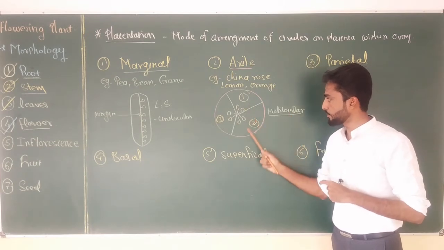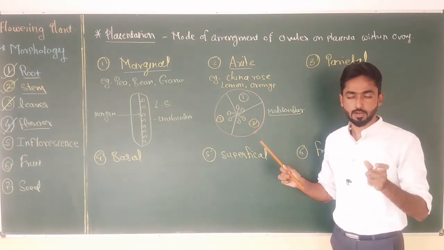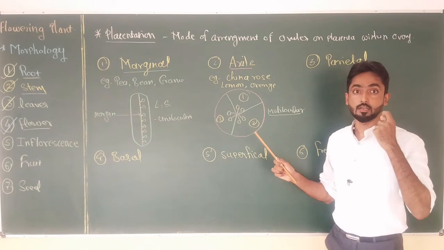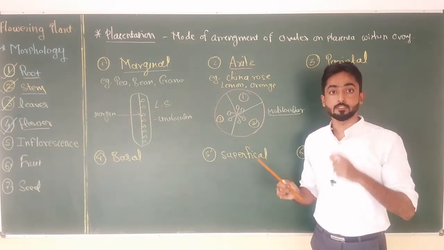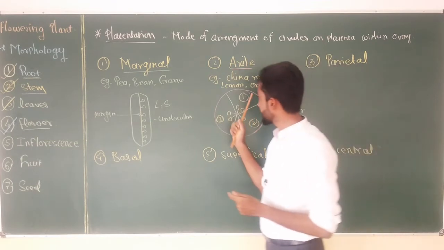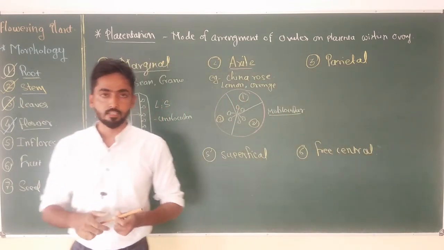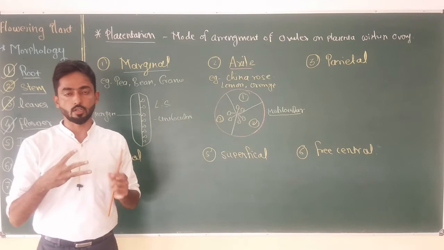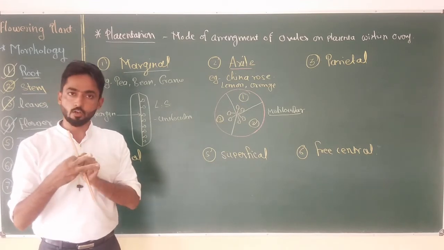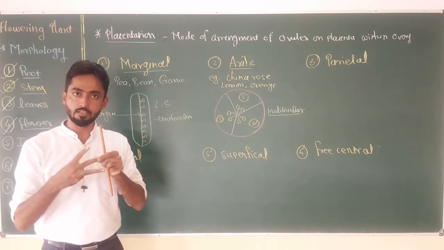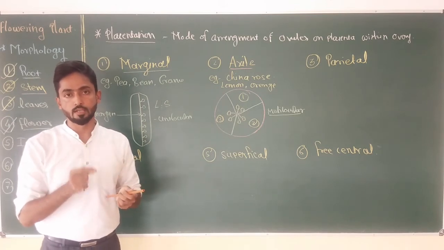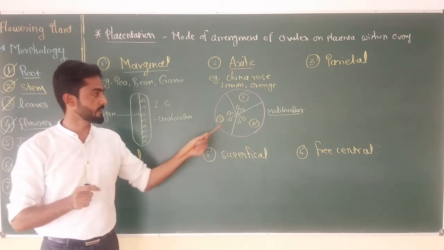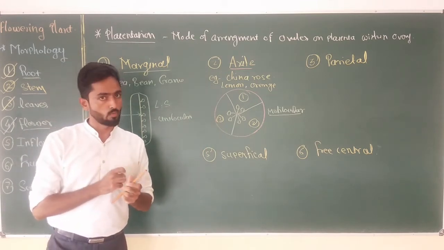Multilocular means the ovary has a number of locules or compartments, then it also has different carpels, so it is called multicarpellary, which is fused, so syncarpous. So at the time of studying axial placentation, you should remember three important words: multilocular ovary, multicarpellary ovary and syncarpous condition. Syn means fused, carpus means carpel. In this case carpels are fused with one another.